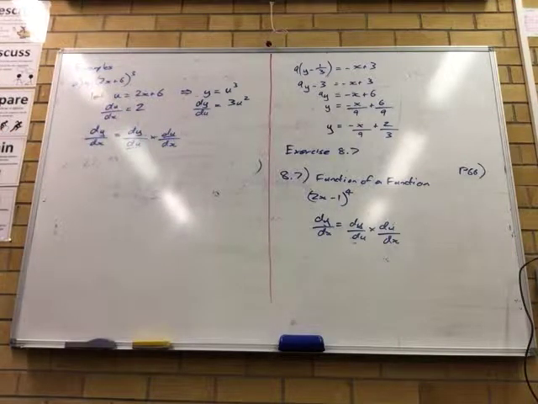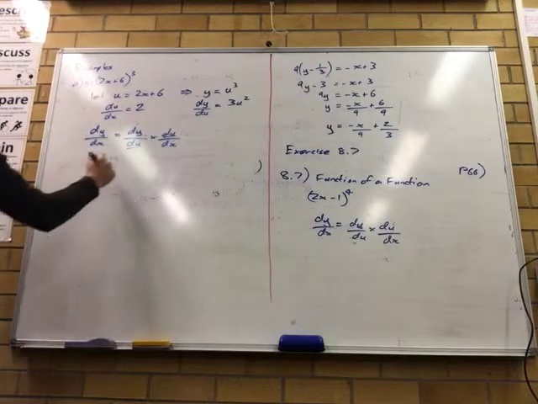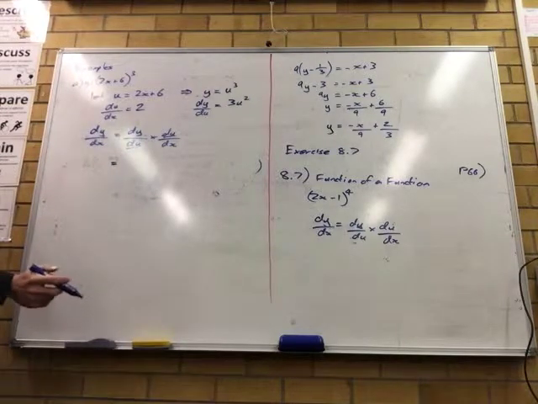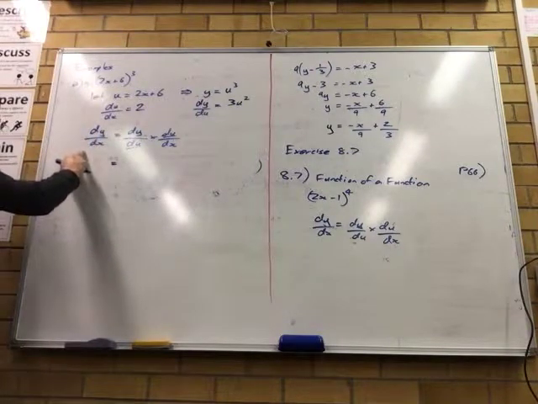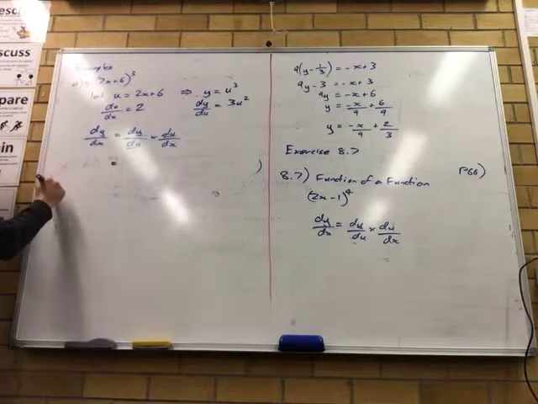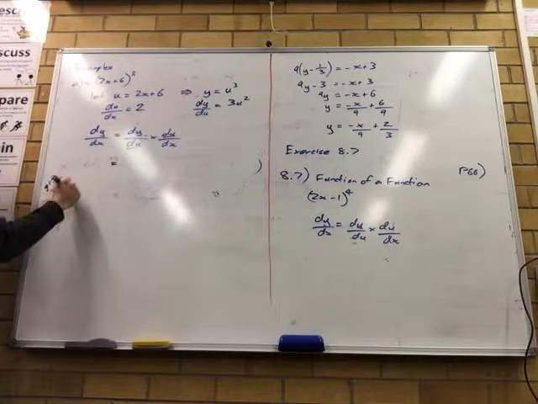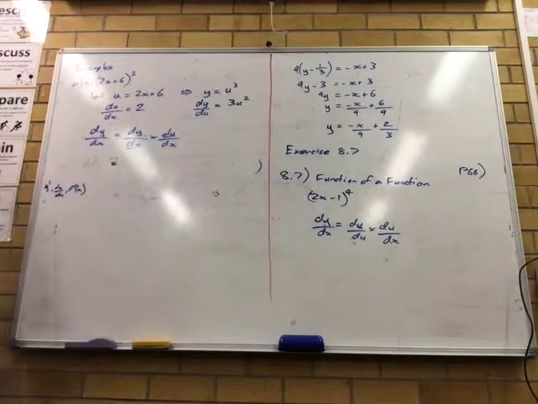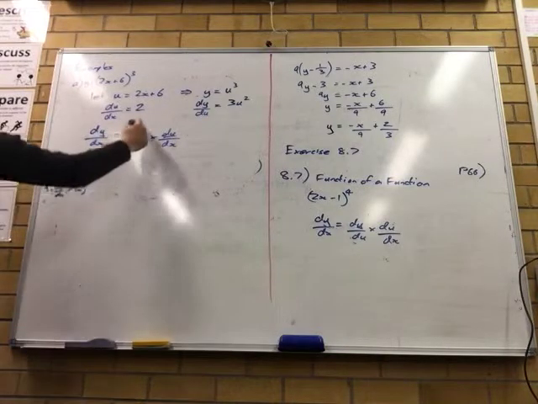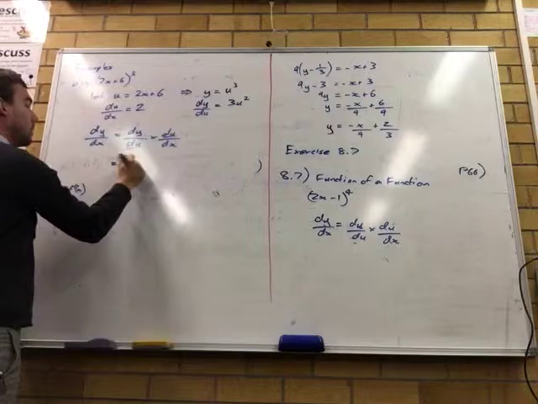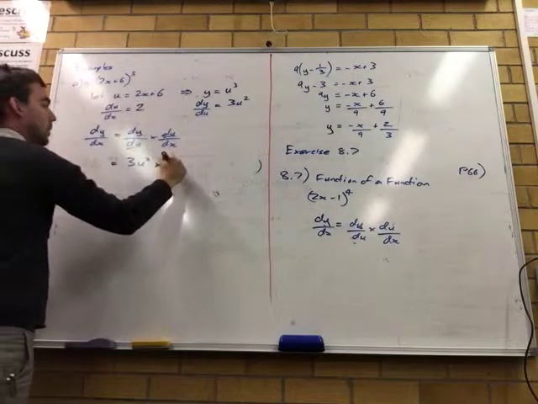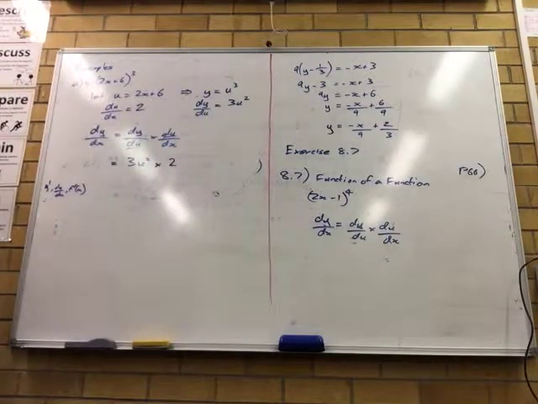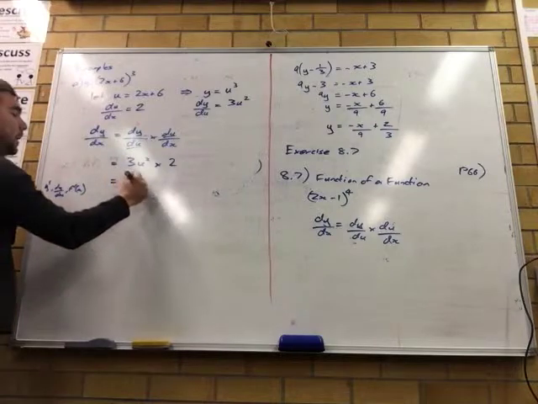Wow, it's a lot easier than I thought. It looks nasty, as things always do when I introduce them for the first time. So dy over dx is the derivative. I've told you y dash, dy over dx and f dash of x are common notation for the derivative. So dy over dx equals 3u squared times du over dx, which is just a constant 2, which equals 6u squared.